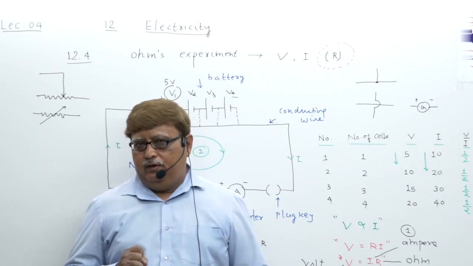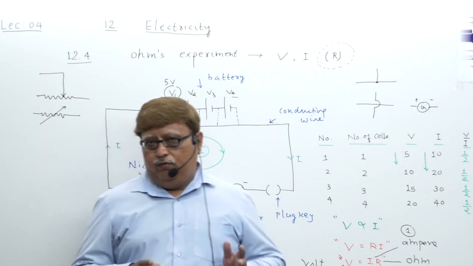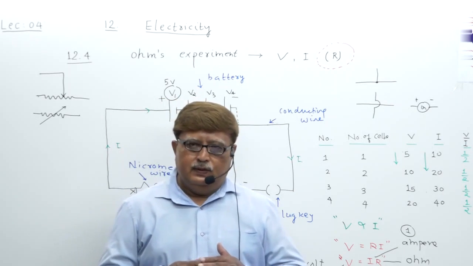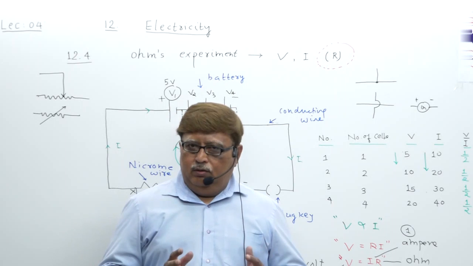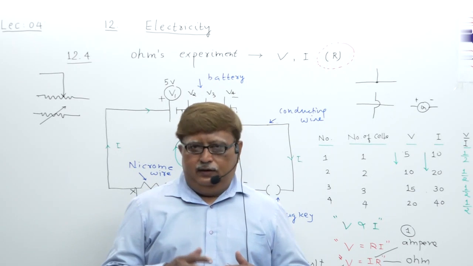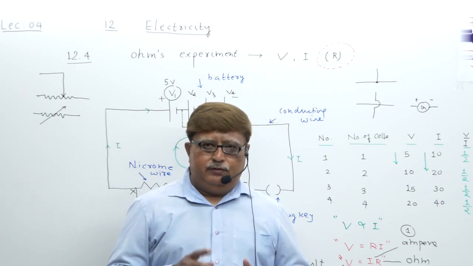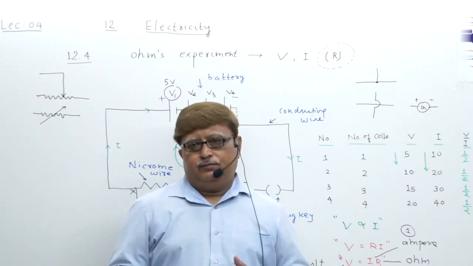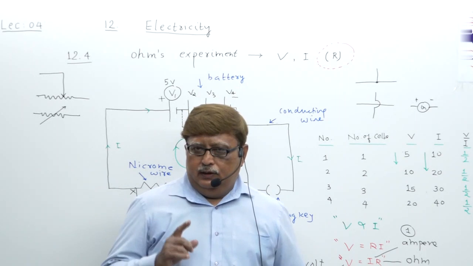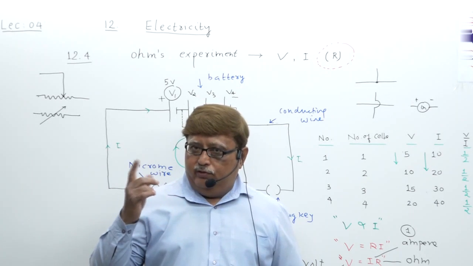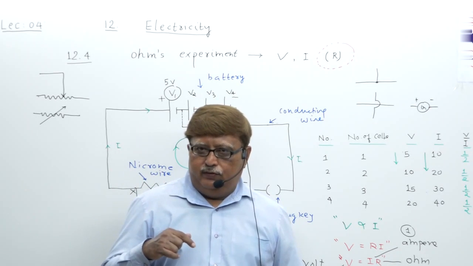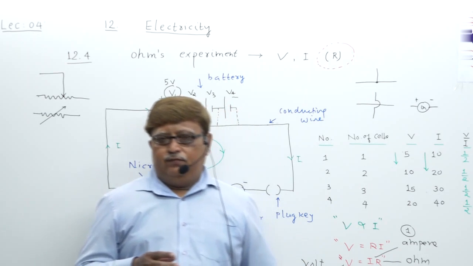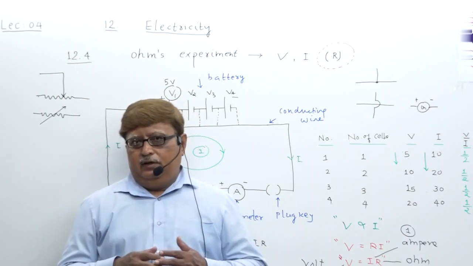Okay, my dear student. So you understood my 4 lecture design. Lecture 1, only discussion about I. Lecture 2, only discussion about V. Lecture 3, actually topic 12.5, but I took before that, only designed for understanding resistance.